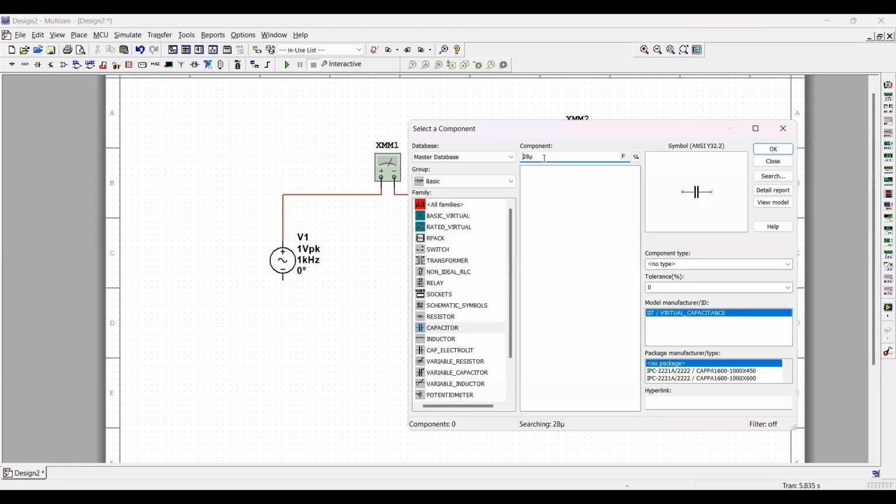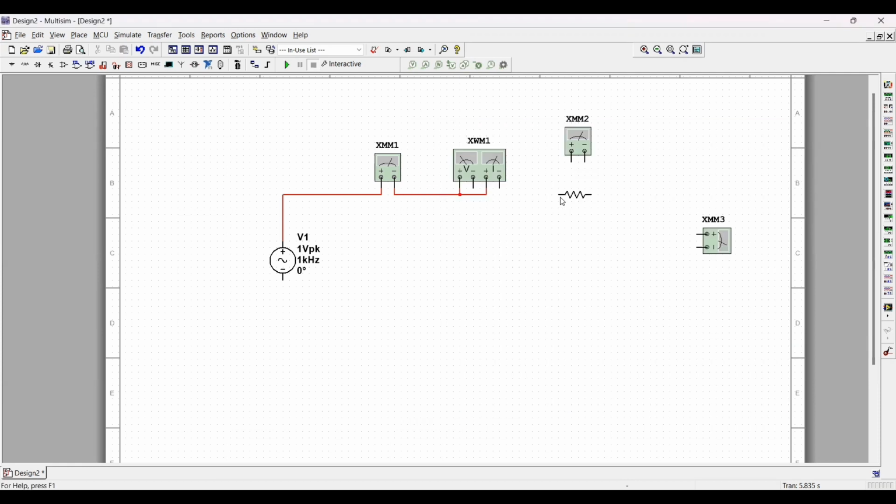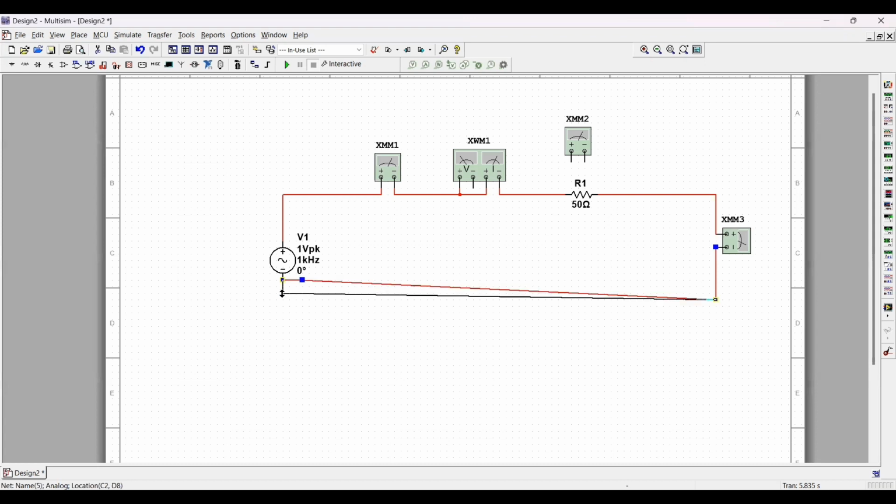For the resistor, we use 50 ohms parallel to the voltmeter. Then we connect. We just adjust the wire.